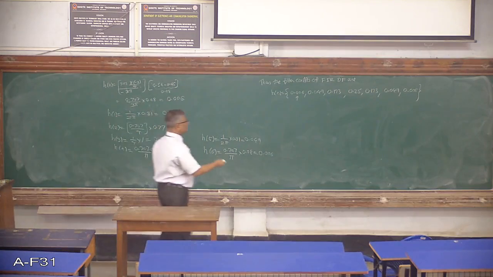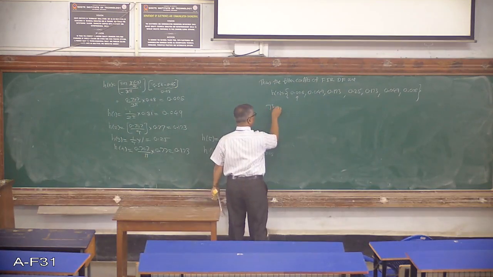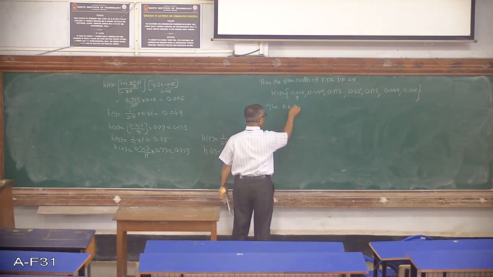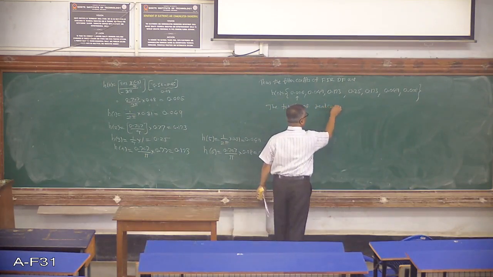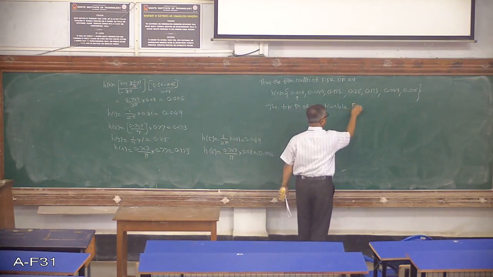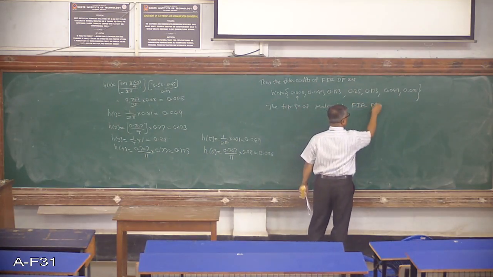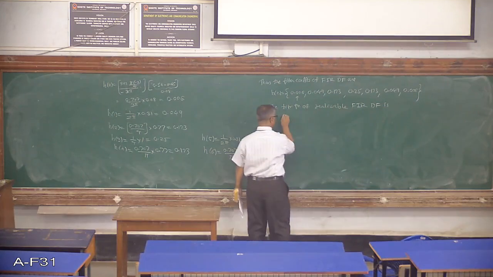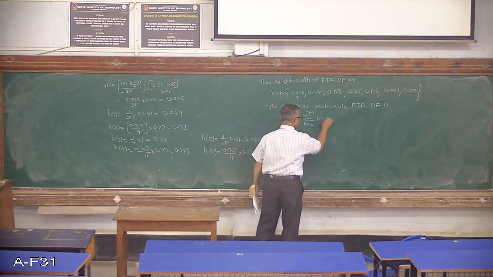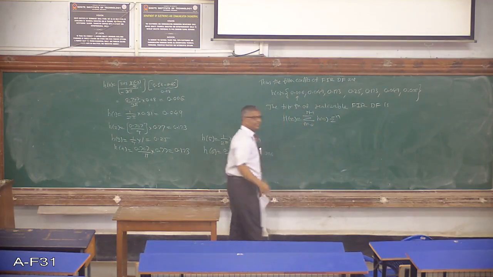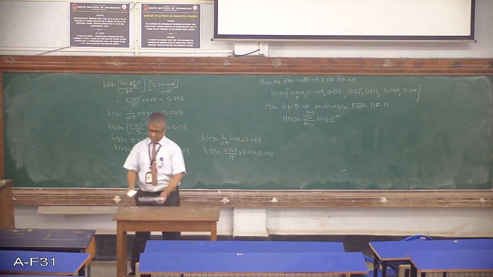Now one more thing: the transfer function of the realizable FIR digital filter is H of Z. You have to find it out. Simply take the Z transform. Sigma n is equal to 0 to N minus 1 of H of n into Z raised to minus n. There is no shifting needed here because it is already a causal filter.